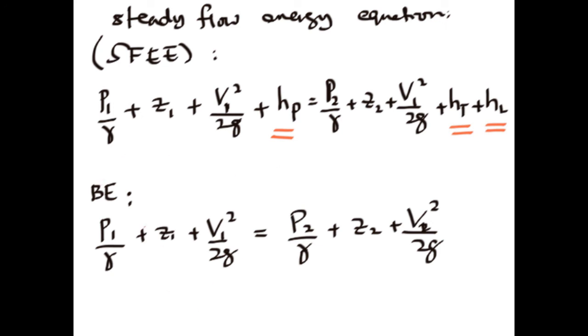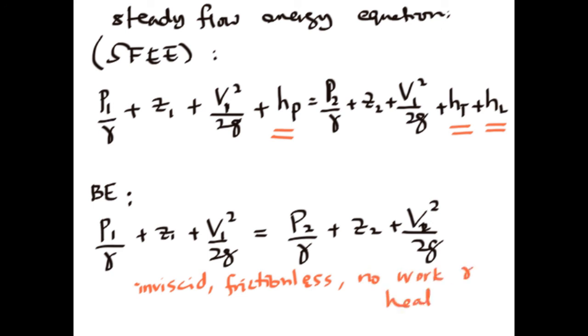That's why in BE we have a few assumptions or limitations. It has to be inviscid, it has to be frictionless. These are the terms that I use in the exam. I also use no work and heat transfer. So that's why you have this limitation in the Bernoulli equation.